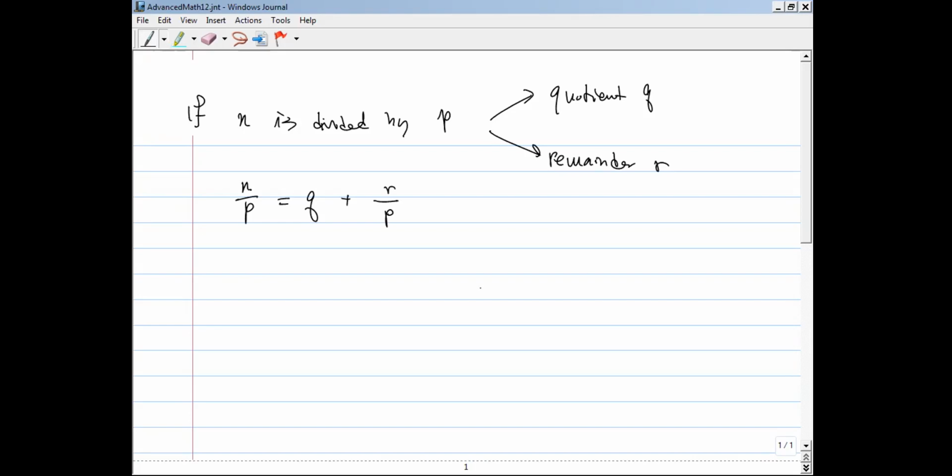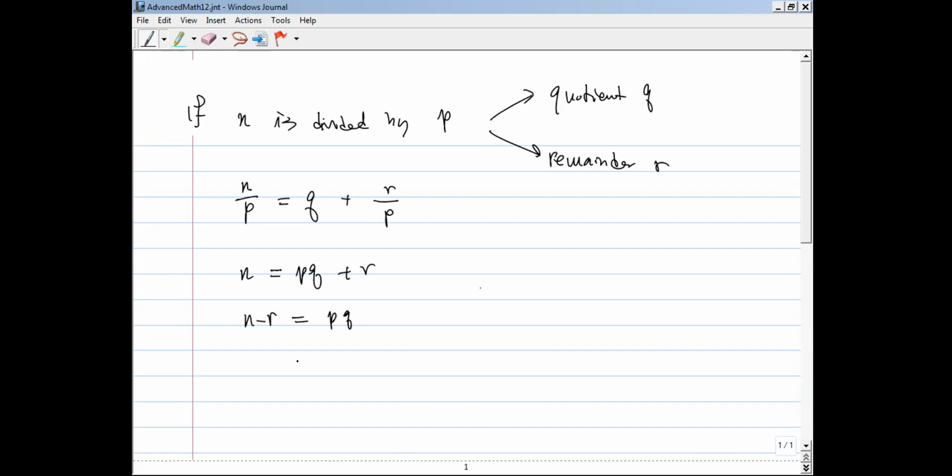So we can rewrite this equation by multiplying both sides by p. So n equals pq plus r. This is another relationship, right? It's the same. I can also move the remainder to the left, n minus r equals pq.